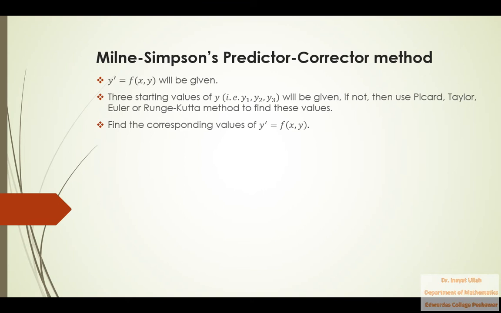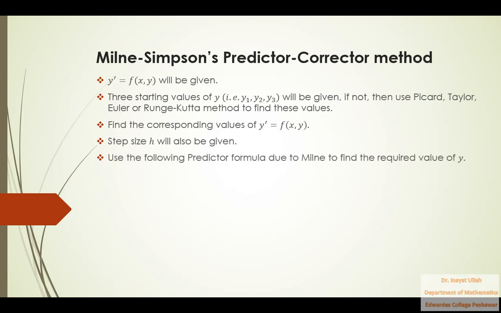Thirdly, we need to find the corresponding value of y prime, which is actually the function of x comma y. And the fourth one is the step size, which will always be given to you. And the most important is the use of predictor and corrector formulas here.